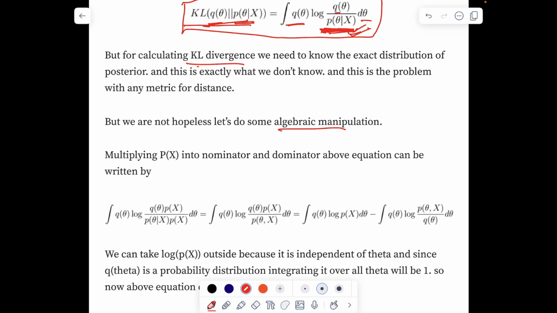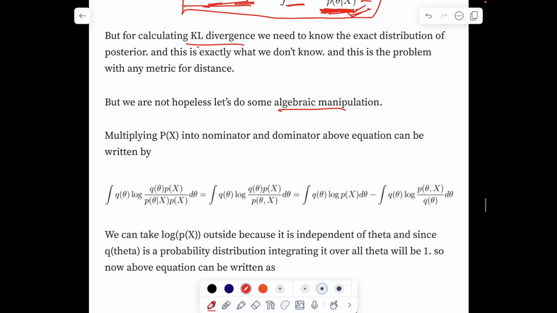Let's do some algebraic manipulation. We multiply and divide this by p(x), which is a distribution. After multiplying and dividing, the denominator will become p(theta given x) into p(x). This comes from Bayes' theorem: p(theta given x) into p(x) is equal to the joint distribution of theta and x.